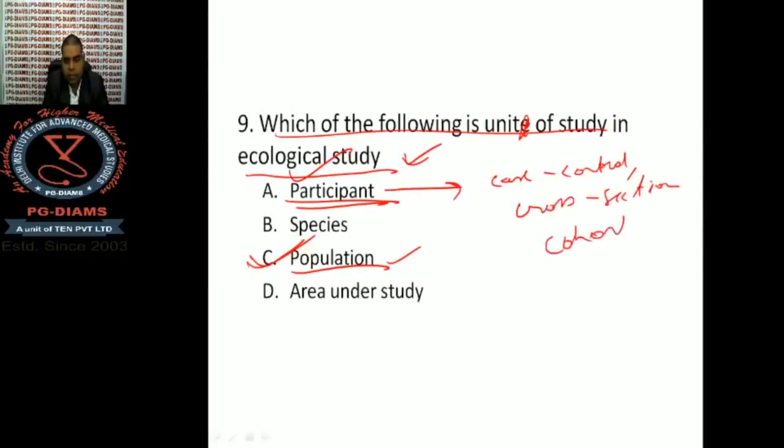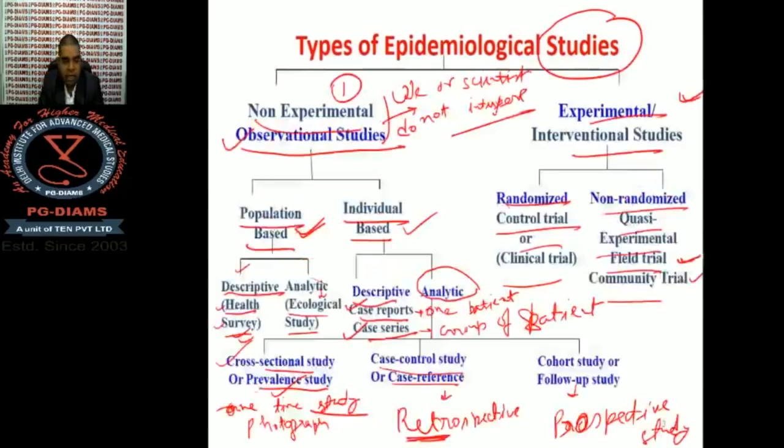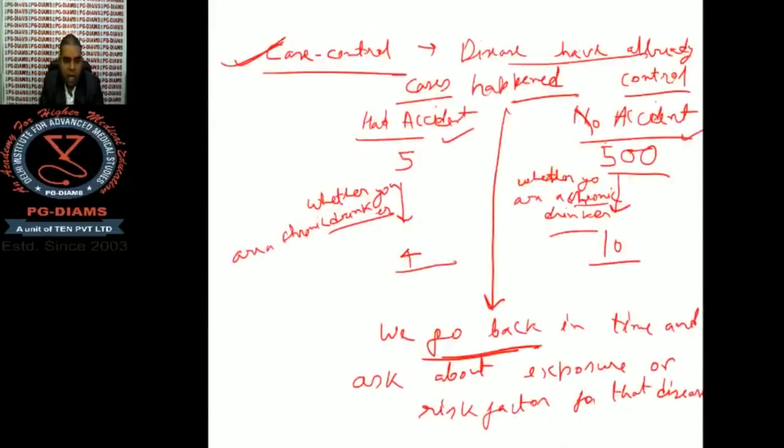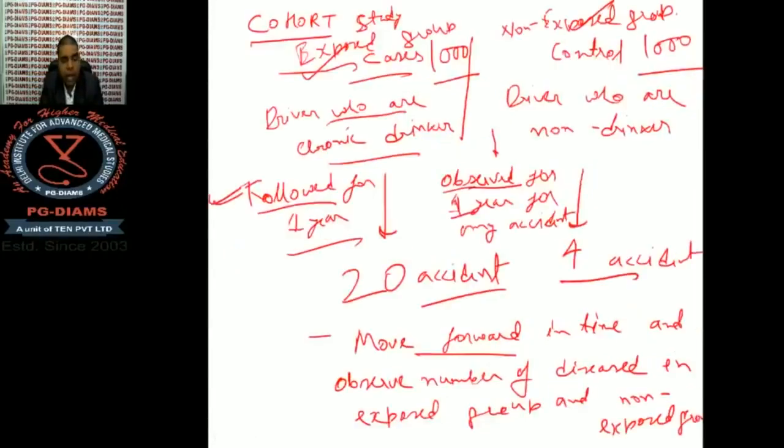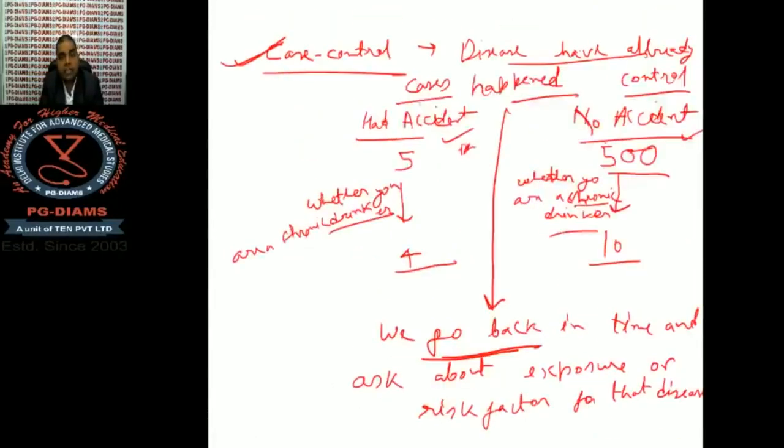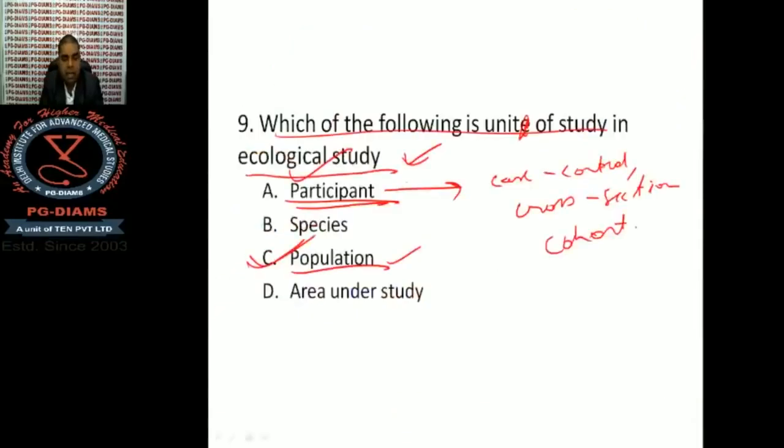I already explained with examples that in all these examples we are observing each driver. So driver is a participant. So both case control and cohort studies are based on participants. Similarly, in a cross-sectional study, we asked how many of you have chronic cough at this time. I inquire about each of the students. So again, this is a participant-based study.